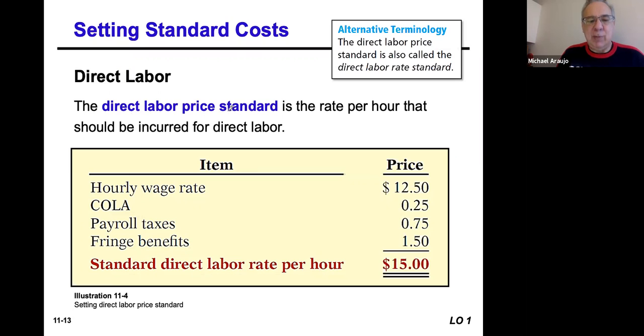Direct labor price standard. Again, it's a price. The rate per hour that's normally incurred or should be incurred for direct labor. They also call it, as you see here, the direct labor rate standard.